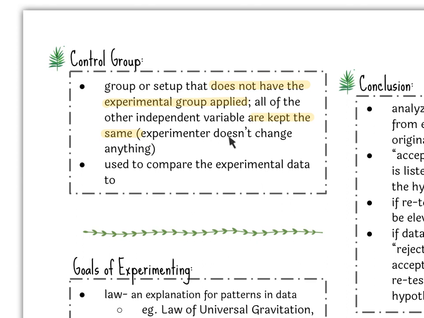They just let it run like it normally would. In other words, the control group is used to compare the experimental data to. If we didn't have the control group, we wouldn't know what our experimental data meant. The results would mean nothing because we had nothing to compare it to.